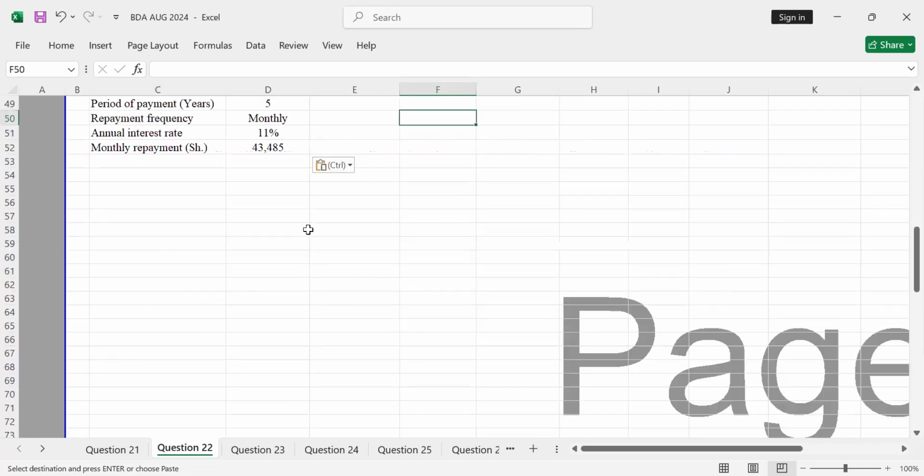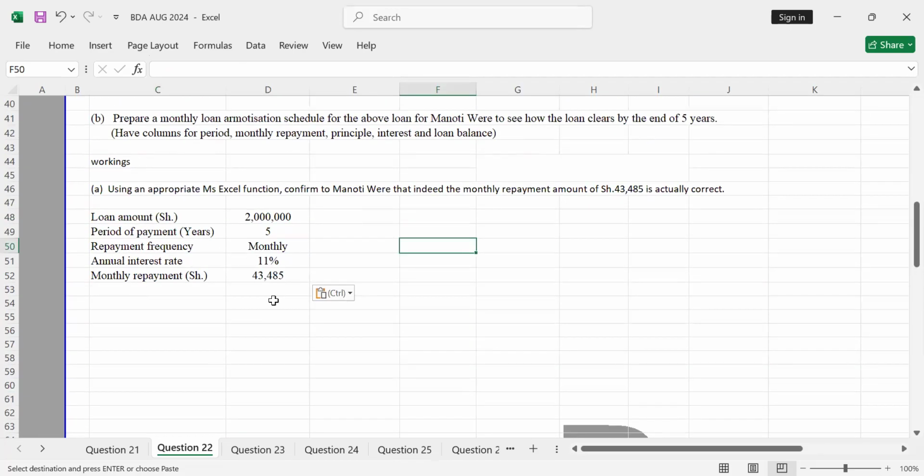We want to confirm whether the monthly repayment is correct or not correct. So now remember, loan amortization is prepared to know the amount that you are paying for each and every period. Number two, you also prepare to know the amount of interest that you'll pay for the entire loan, and this is per period.